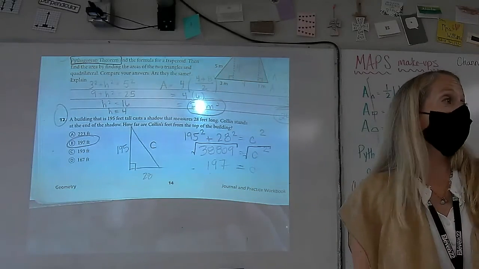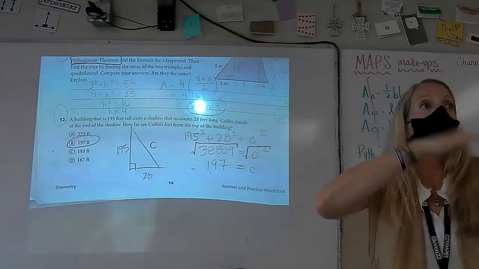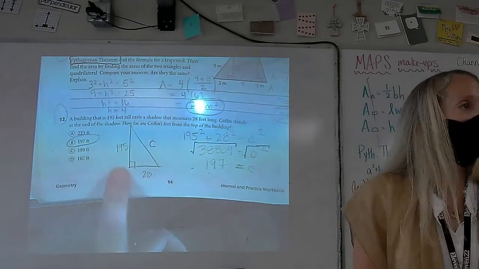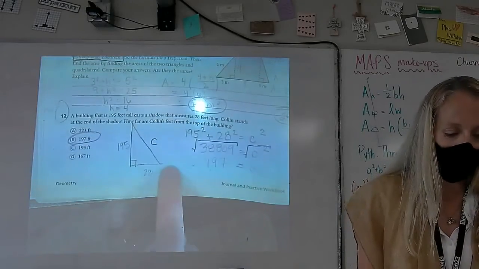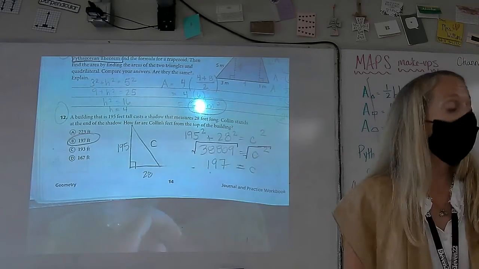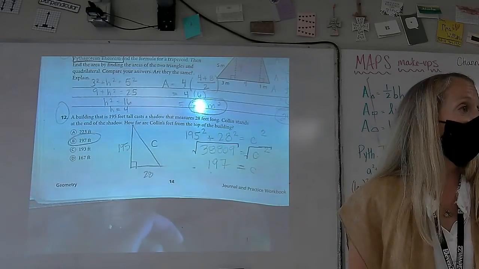So it is a safe assumption that vertical and horizontal always form what? A right angle, okay? That is a safe assumption. And so we have a right angle, we have measurements, and we want to know how far little Colin is from the top of the building. Got it? And so that would be the measurement of the hypotenuse. Does that make sense to you?